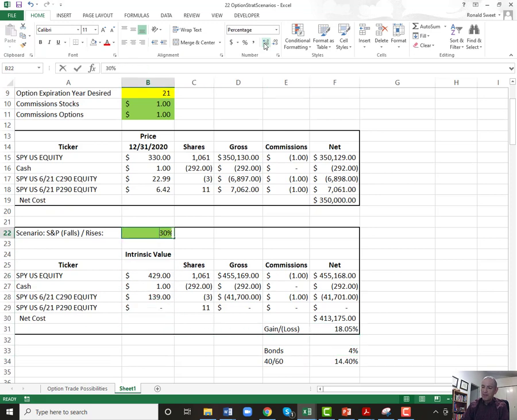What if the S&P had fallen 30%? Well, in this case, you would have been down 11%, but you would have lost about the same amount with your 40-60. What if the S&P had done like in 2008 and peak to trough had fallen 50%? Well, again, the max you can lose here is about 11%, but you can see that your 40-60 portfolio can be down 17.6%.